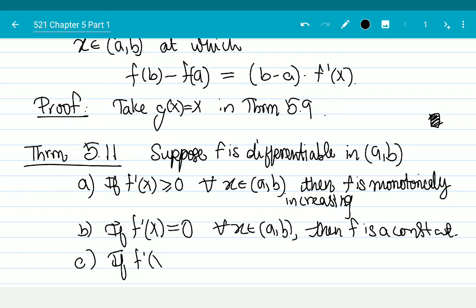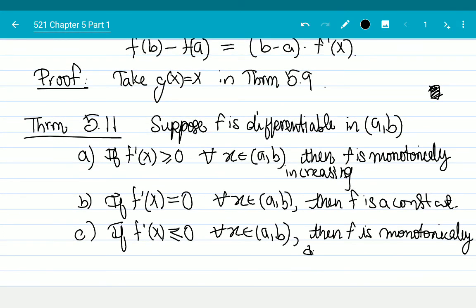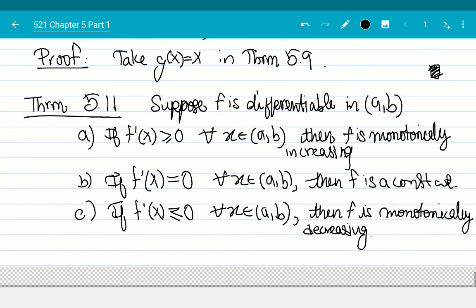C, if f prime of x is smaller than or equal to 0 for every x belonging to (a,b), then f is monotonically decreasing. Right?